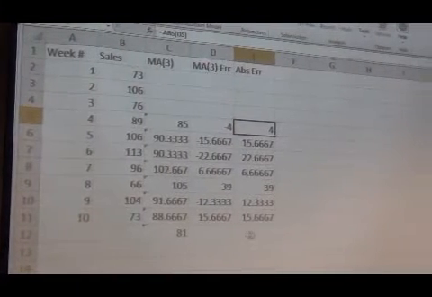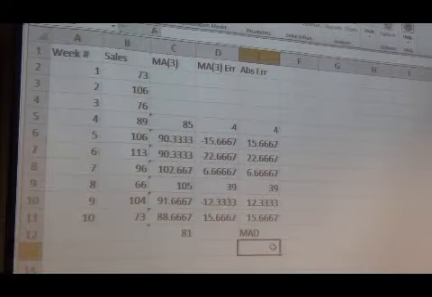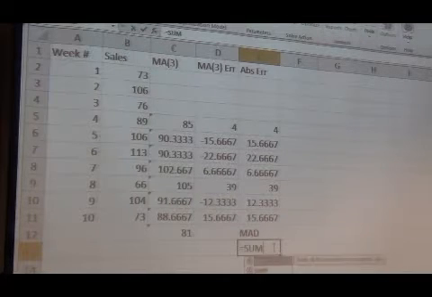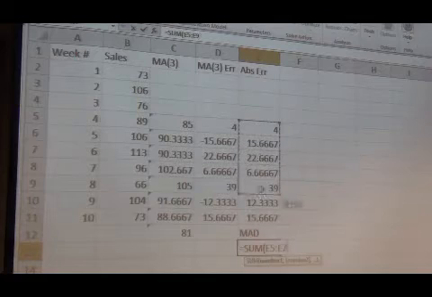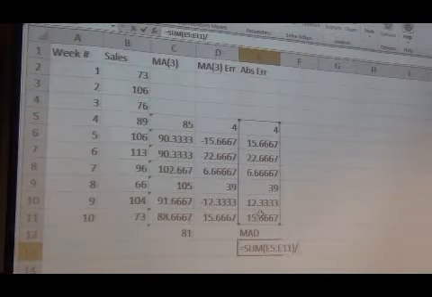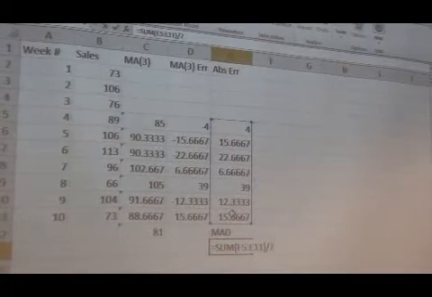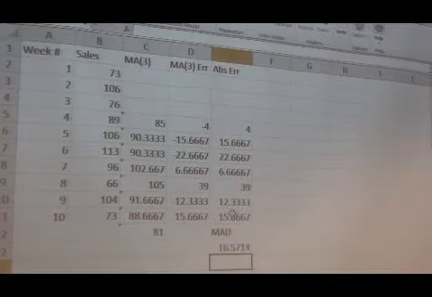Okay? And now I can compute MAD, mean absolute difference, as the sum of all the absolute errors divided by how many of them there were. Right? So in this case, there should be 7 of them.